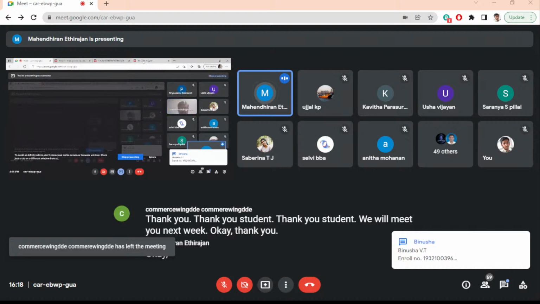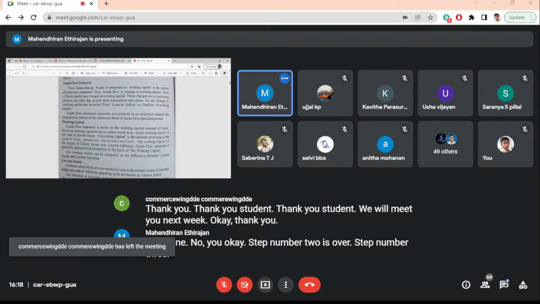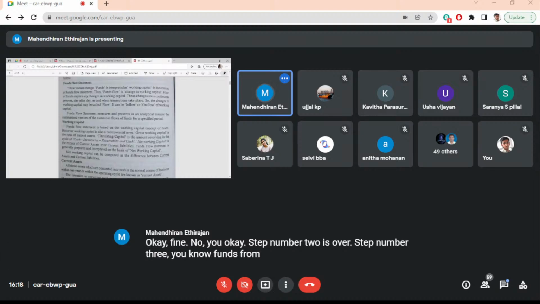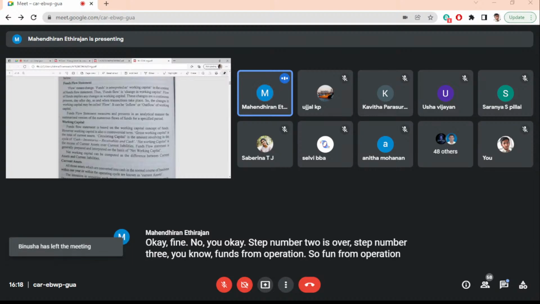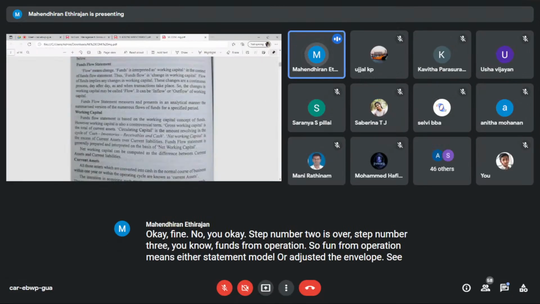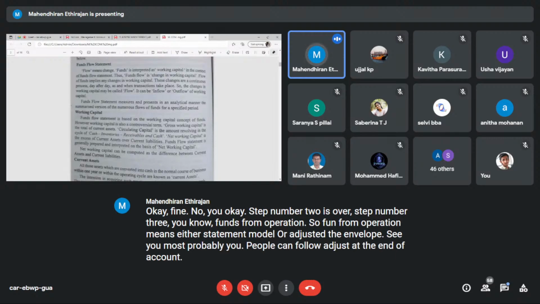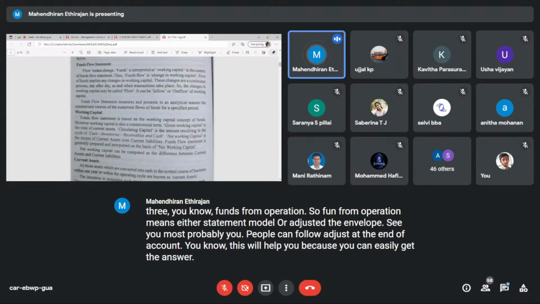Okay, fine. Step number 2 is over. Step number 3, funds from operation. Funds from operation means either statement model or adjusted P&L account. Most probably you people can follow the adjusted P&L account. This will help you because you can easily get the answer. If you use the statement model, you may forget some things.